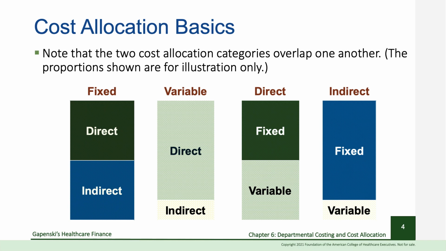Direct is related with salaries of staff and managers, and there is a small portion that is indirect. Indirect cost, there is again a 50-50 division of fixed and variable cost. In the indirect cost, the fixed cost is more and the variable cost is less. It's basically the opposite of the pictures here on the left. The right side is just the opposite of the pictures on the left.